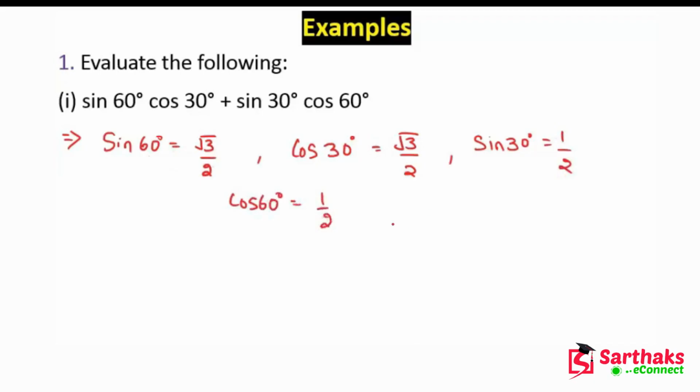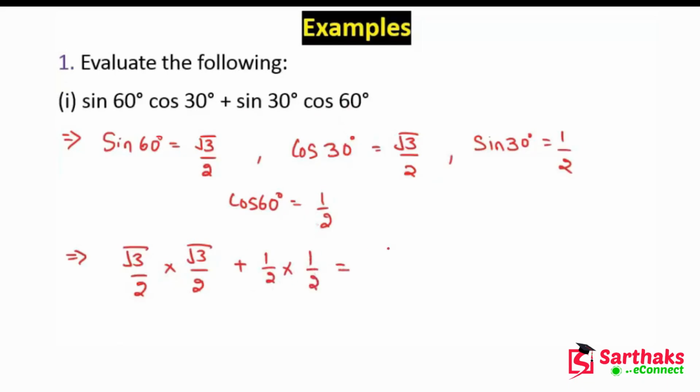So now put these values in this equation. Sin 60 is root 3 upon 2, multiplied by cos 30, which is root 3 upon 2, plus sin 30, which is 1 upon 2, into cos 60, which is 1 upon 2.